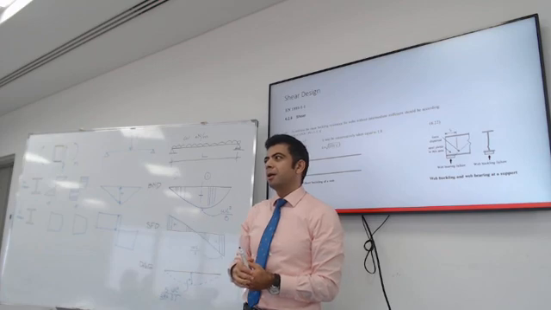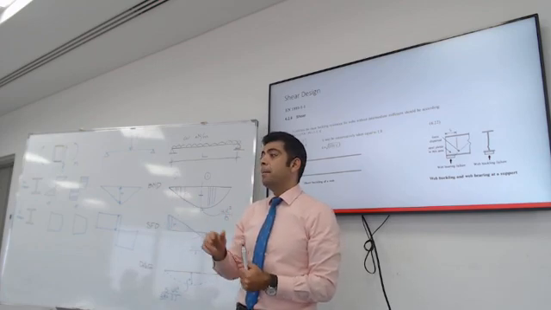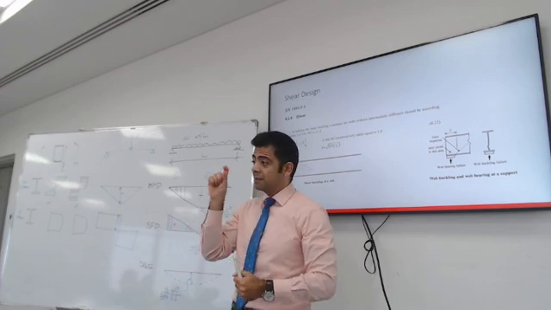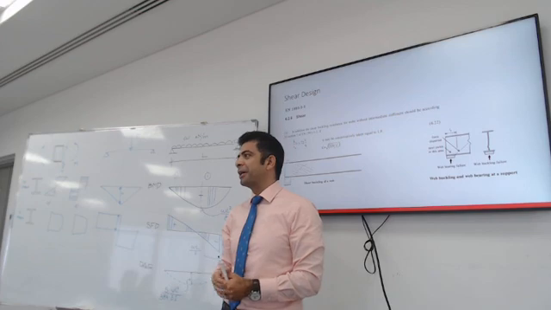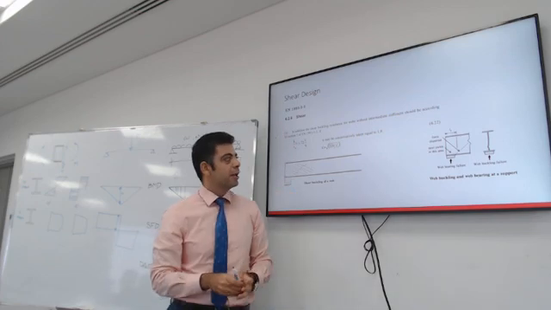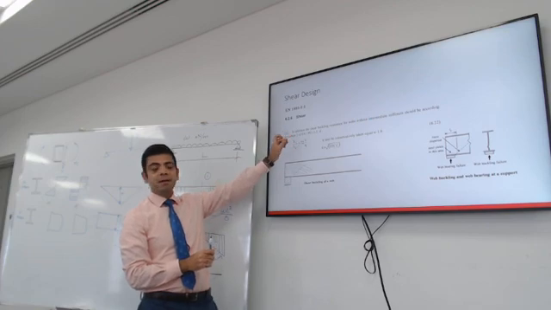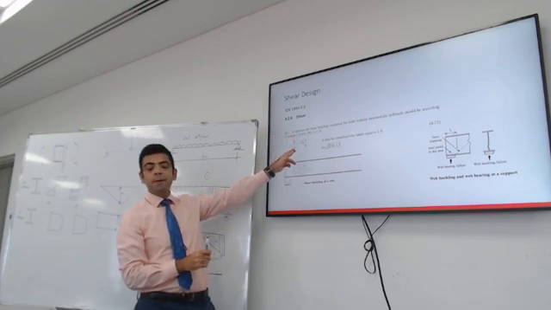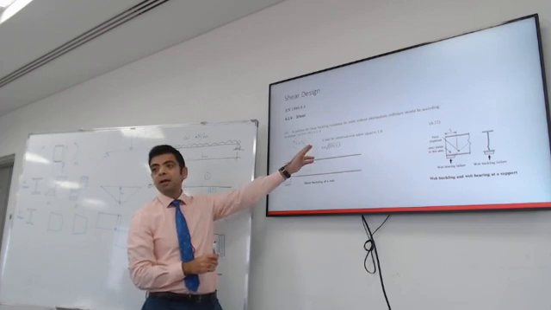That's a great question. Most probably standard sections are not going to have this, but there are specific sections that could trigger this issue, so I need you to check it. You just make sure that the height of the web divided by the thickness of the web is less than this value.